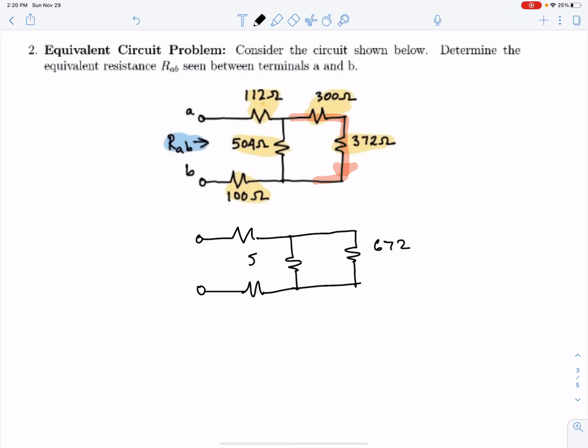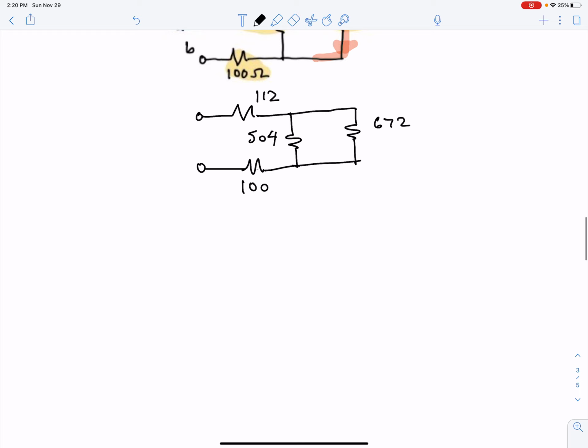And then I would have 504, and 112, and 100. The next thing I'm looking for is whether it's the same voltage across. Well, I know this is in parallel, I can tell. The way I verify that is to check whether it's the same voltage.